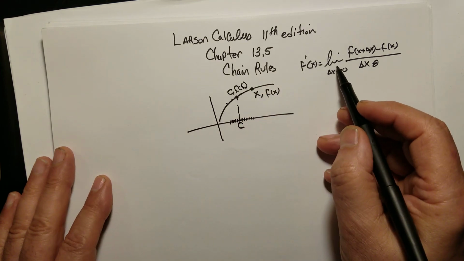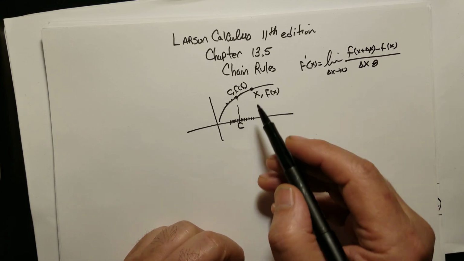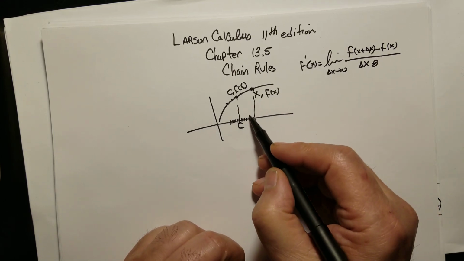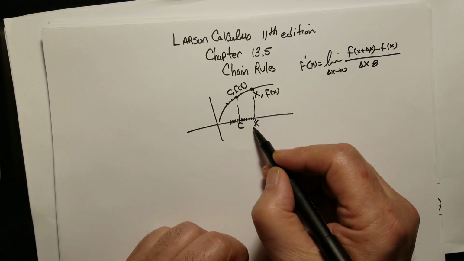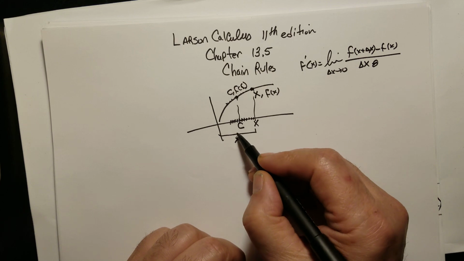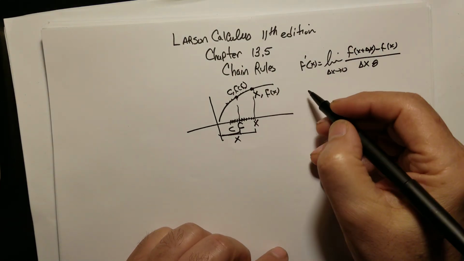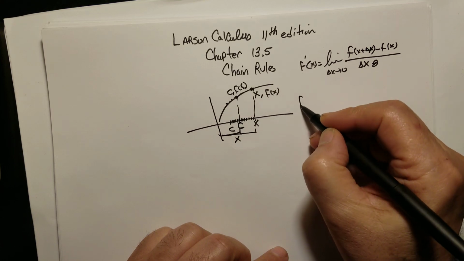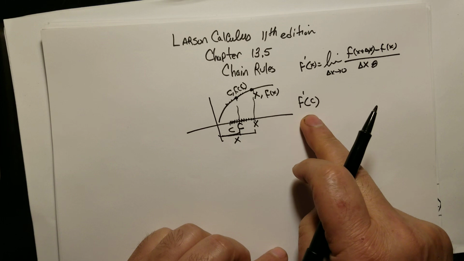Therefore, instead of writing the change between the two points as delta x, the change is going to become x minus c. This is called the alternative form of the definition of the derivative at a point.